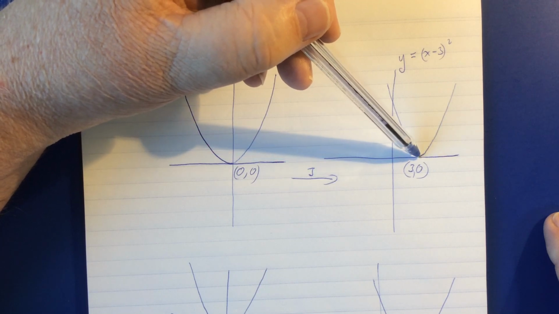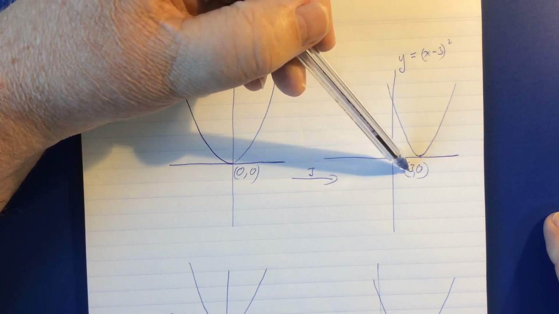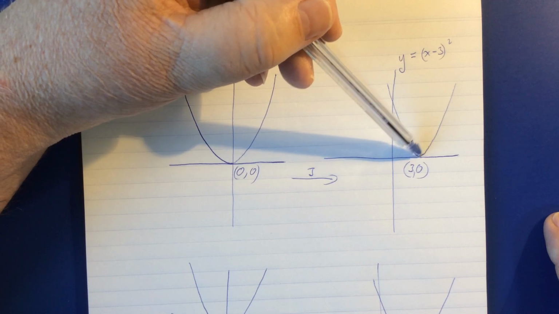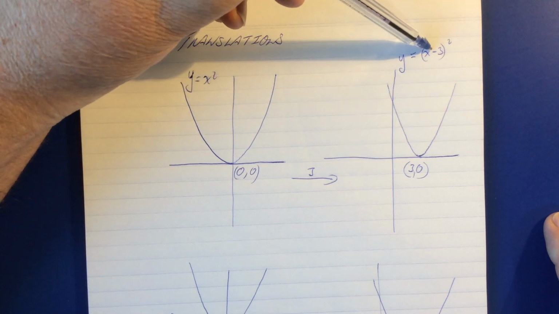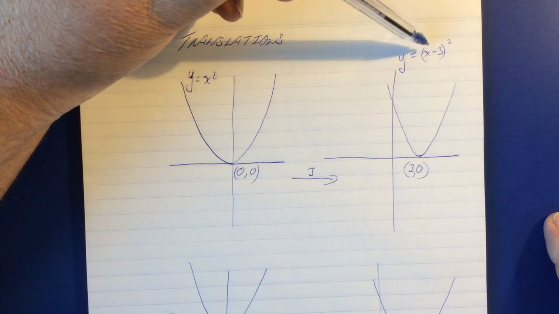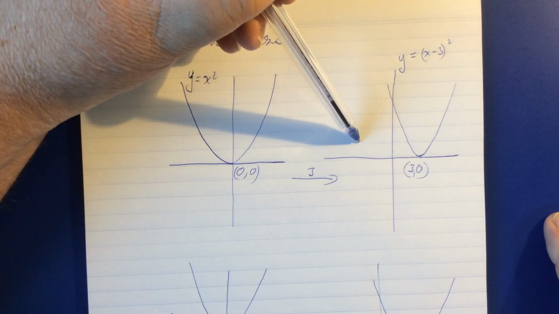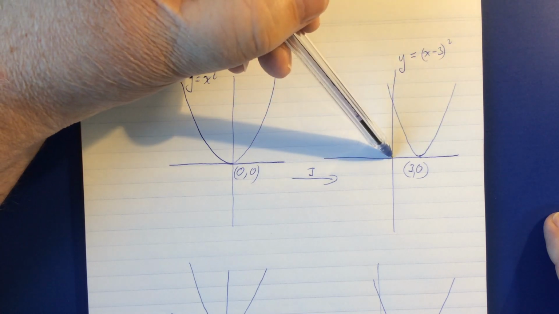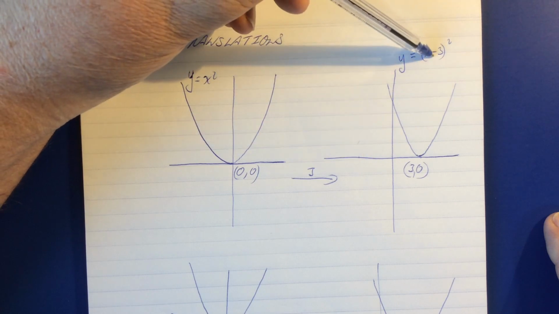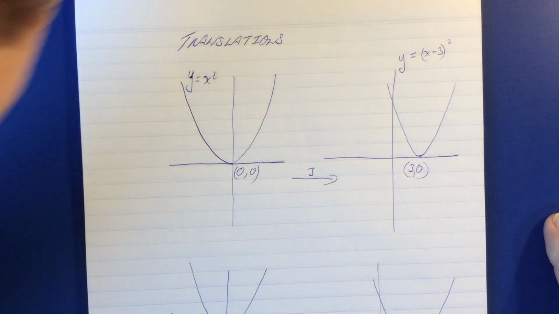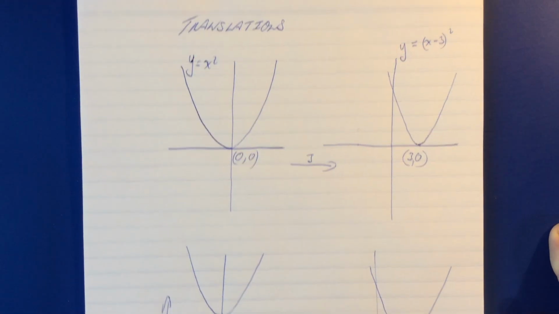So in order to get y to equal 0, we need x to equal 3. So that's fairly straightforward, I hope. If we wanted to move it in this direction, from here to here, say, there would be a plus in there. Okay, so that's that.